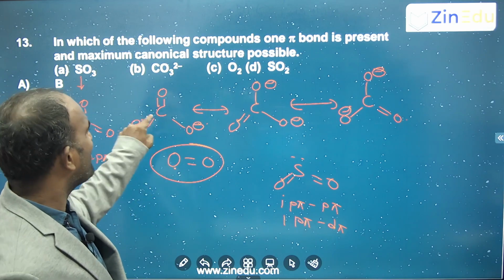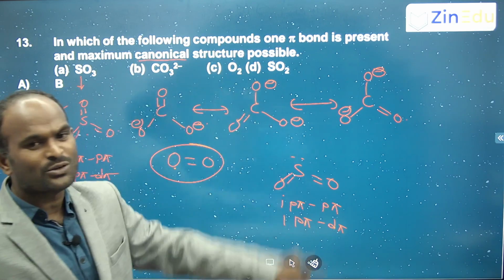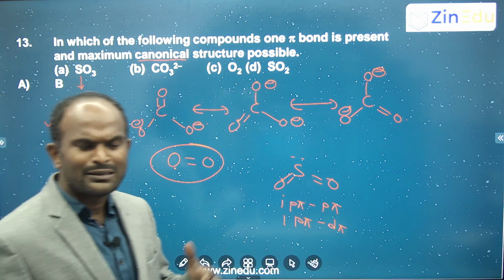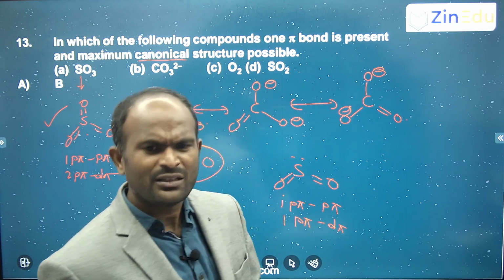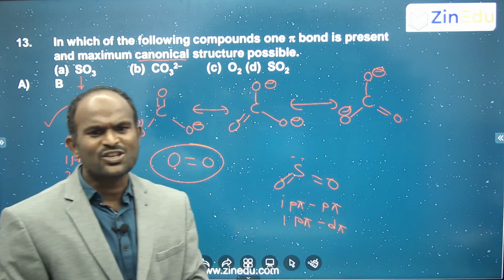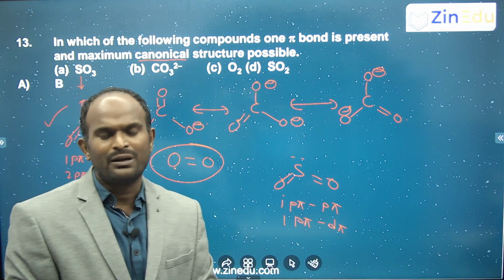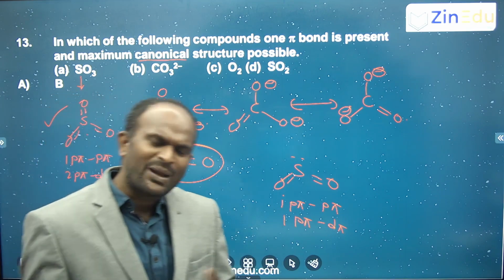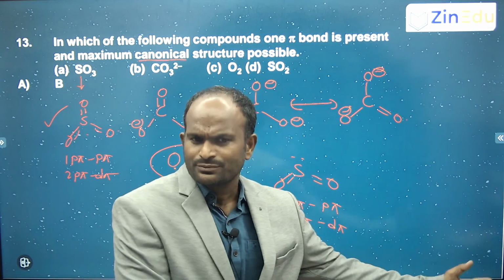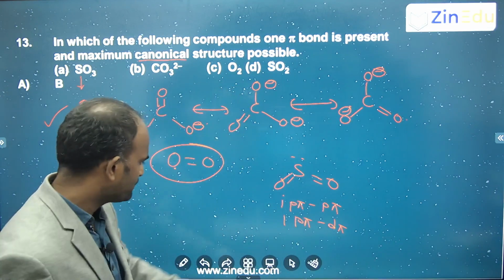The one having canonical structures, meaning resonating structures, is none other than the carbonate ion. If sulfide is given, that could be another chance. Phosphate ions, perchlorate ion and chlorate ions all have pi bonds as well as canonical structures.